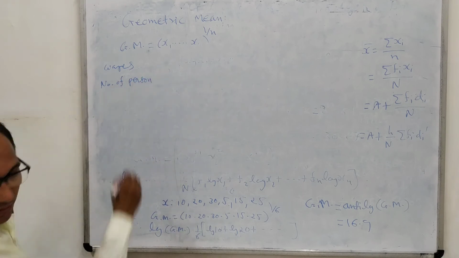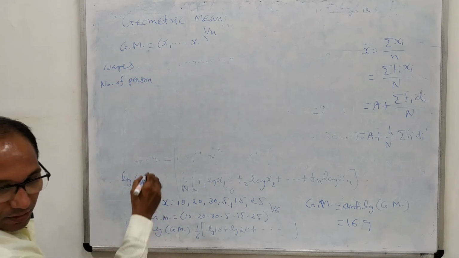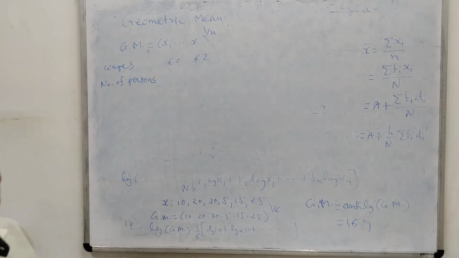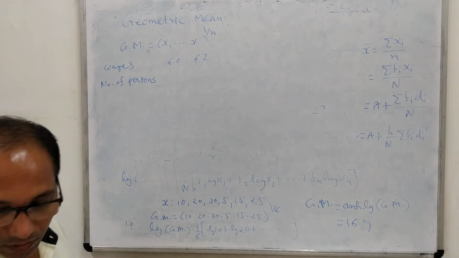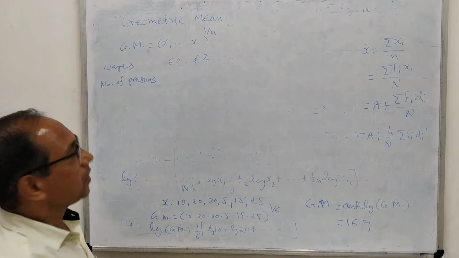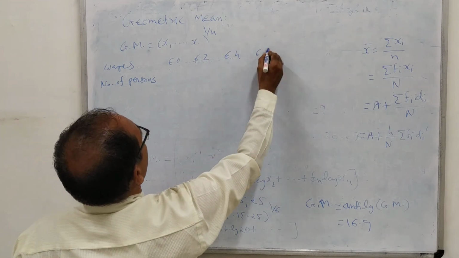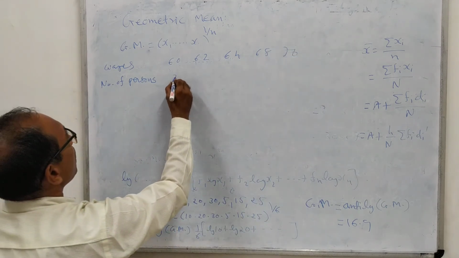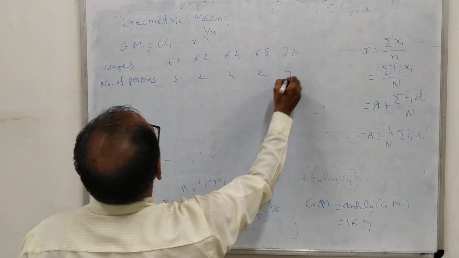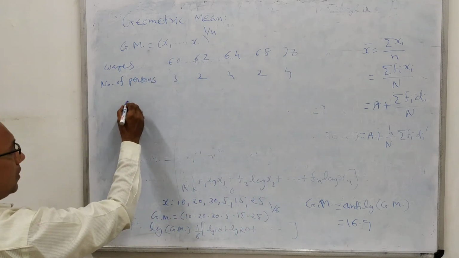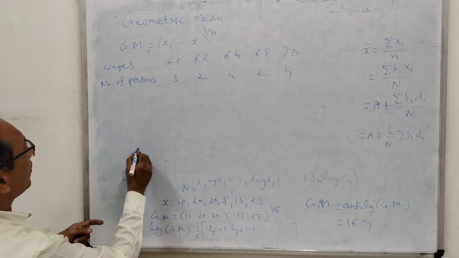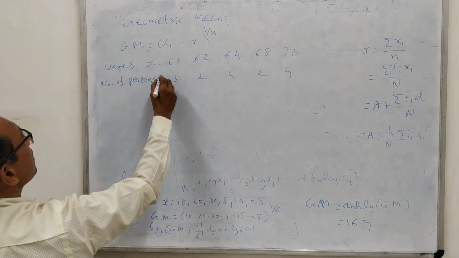Here the data is given in this way: 60, 62, 64, 68 and 70, and the number of persons are given as 3, 2, 4, 4. So these are the values of x and these are the frequencies, and you can write down this formula.